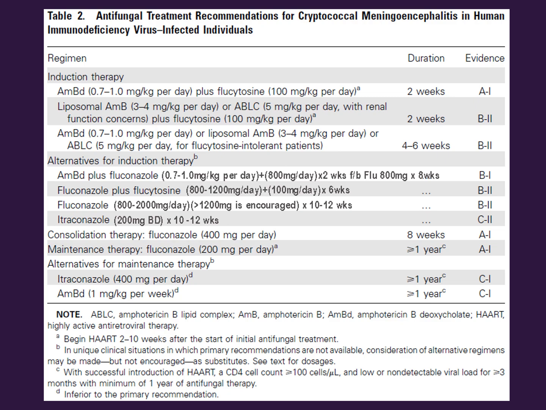In induction therapy, amphotericin B along with flucytosine is recommended, and alternatives for induction therapy can be amphotericin B plus fluconazole, or fluconazole plus flucytosine, or fluconazole alone, or itraconazole. In consolidation therapy, fluconazole is recommended at 400 mg per day, and in maintenance therapy also fluconazole is recommended at 200 mg per day.